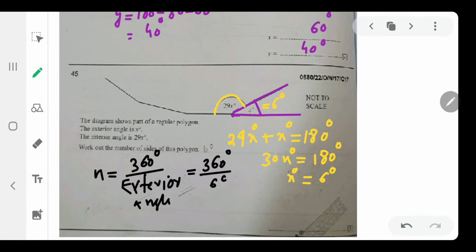The exterior angle is 6 degrees, so we divide 360 by 6, which gives us 60. So the number of sides is 60. The value of n is equal to 60.